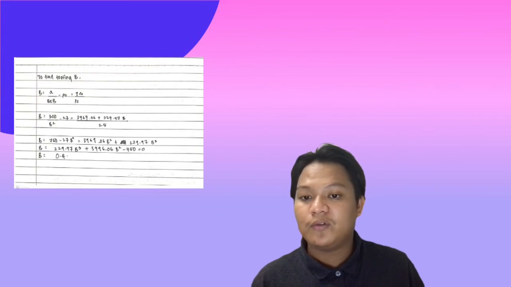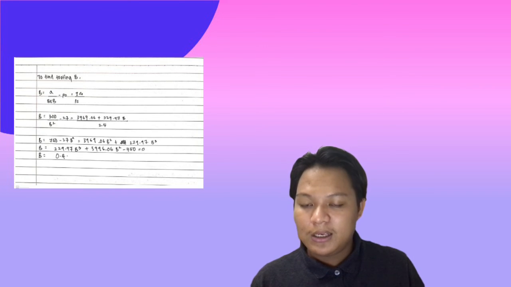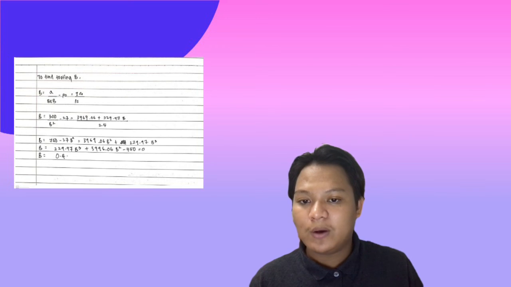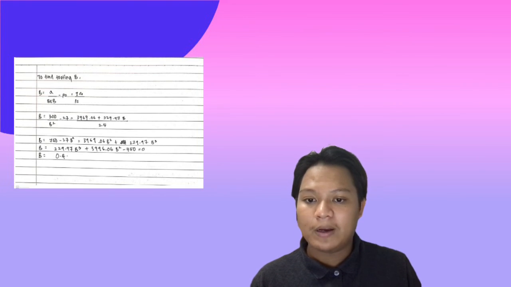So next is to find the footing width B. Q over B squared minus p0 equal to qf net over F. So 300 over B squared minus 27 equal to 3696.06 plus 229.97B over 2.5.